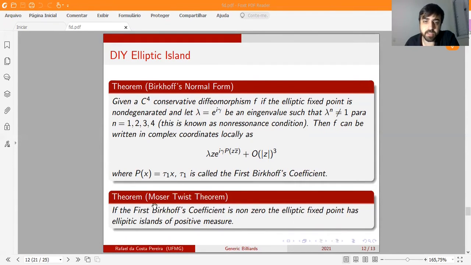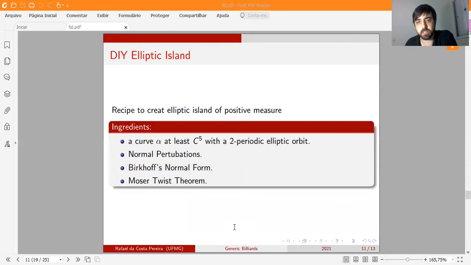Together with the Moser twist theorem, if the first Birkhoff coefficient is non-zero, the point has elliptic islands with positive measure. So what you do is show that we can perturb a billiard and guarantee that the first Birkhoff coefficient is non-zero.